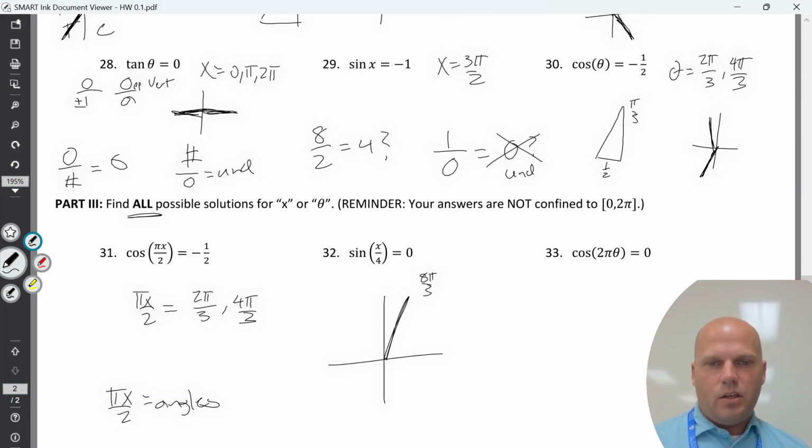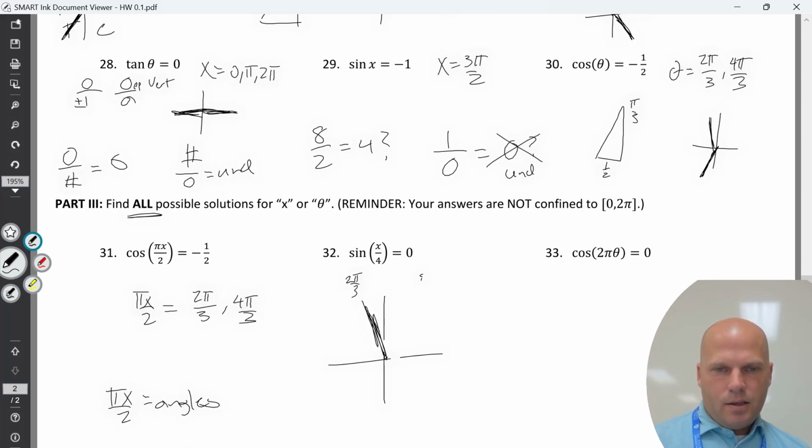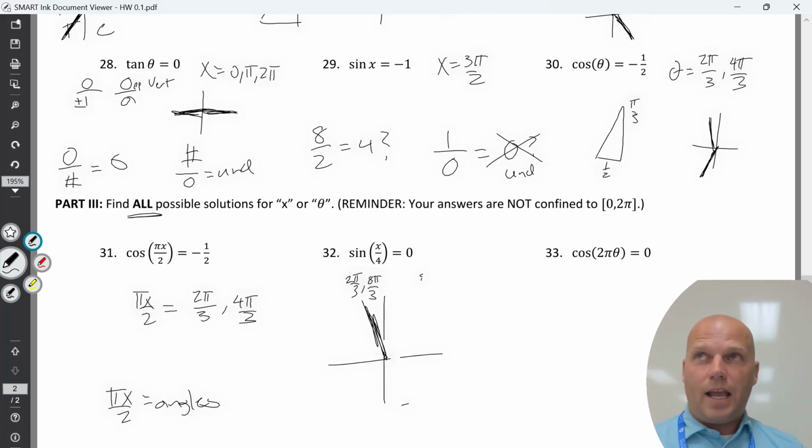The cosine of 8 pi over 3 will also be, let's go over here to 2 pi over 3 and add 6 pi over 3 to get to 8 pi over 3. The cosine of 8 pi over 3 is the same as the cosine of 2 pi over 3. 8 pi over 3 and 2 pi over 3 are two different angles, but they end up in the same location and they have the same characteristics. And we can just keep going around the circle over and over and over.